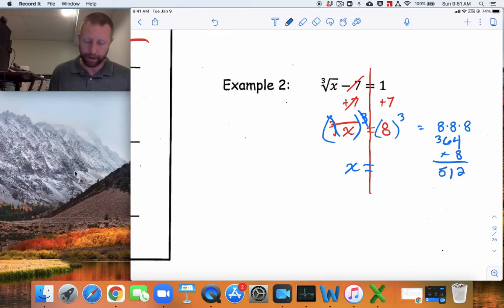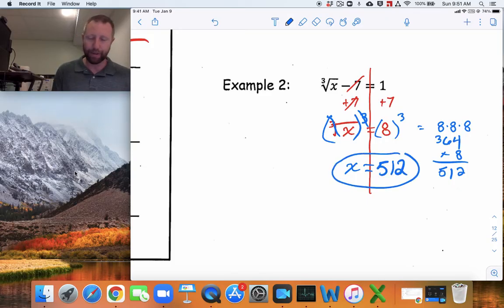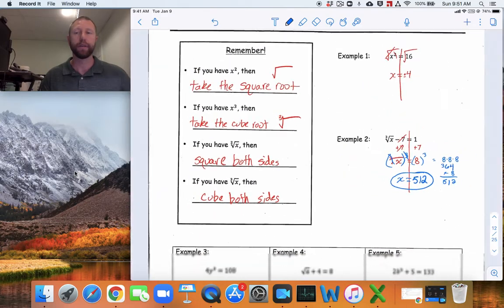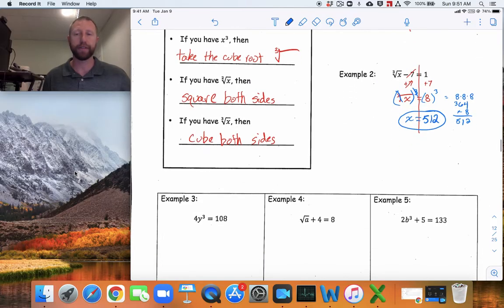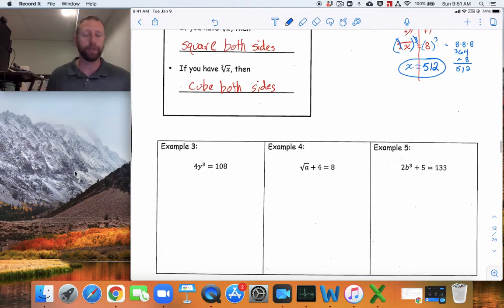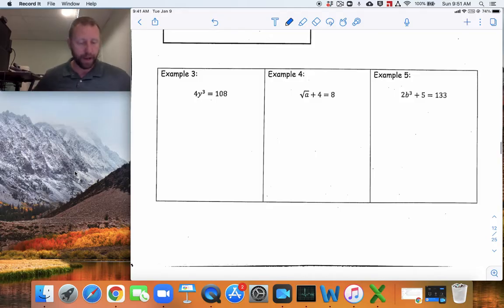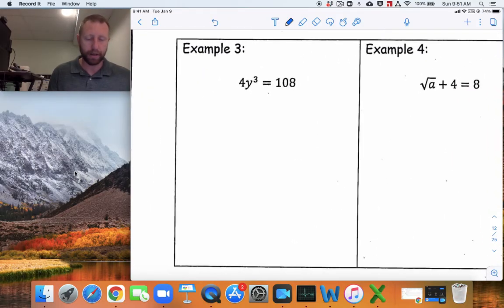There we go. That's right. It's 512. So x equals 512. And that one only has one answer. With cube roots, for sure, we only have one answer, but also we were working backwards, so that one only has one answer.